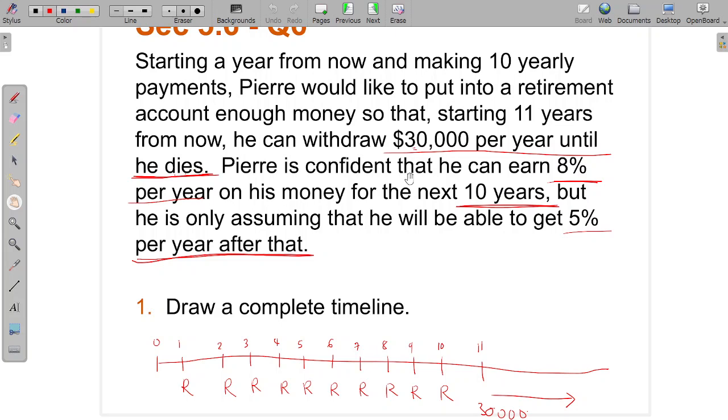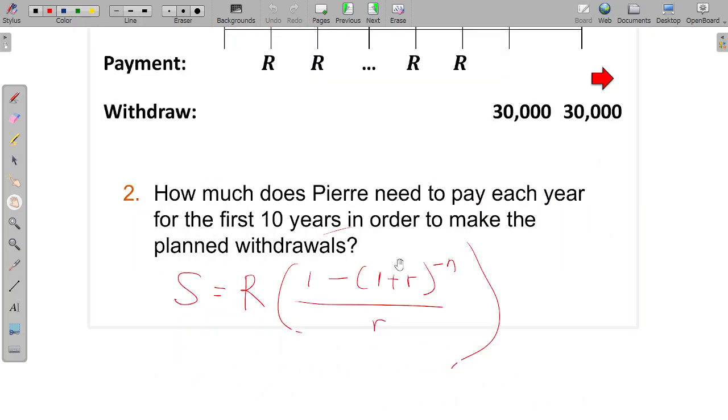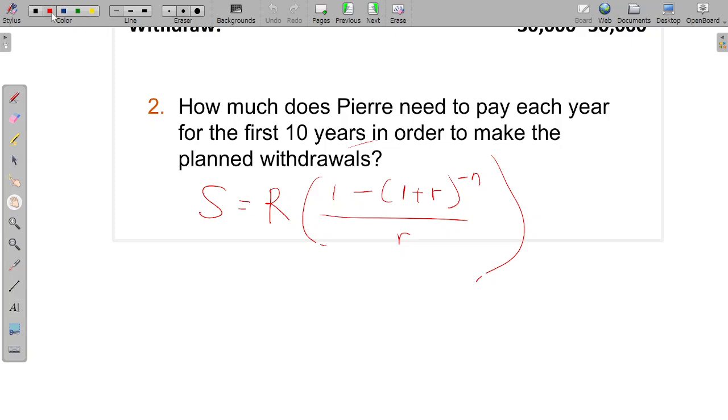That means we are talking about perpetuity there. So we are supposed to link up this formula with our perpetuity. On our perpetuity, the amount of perpetuity is R over small r.